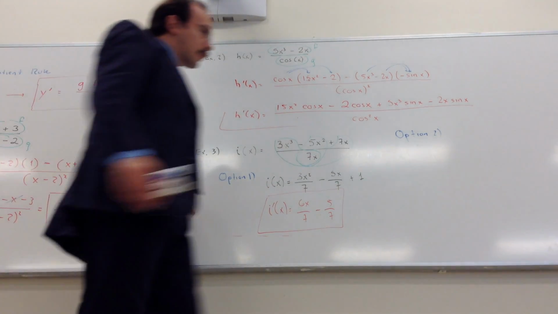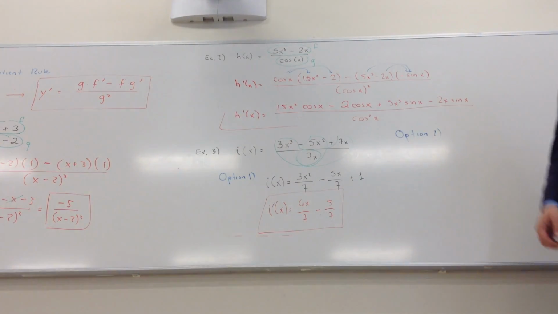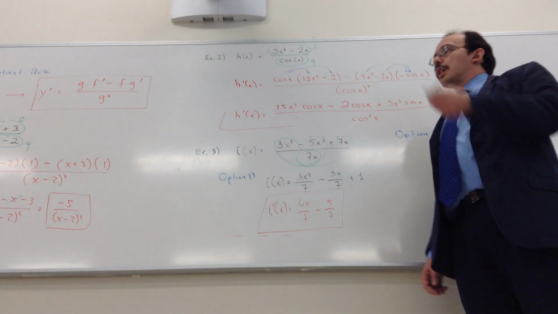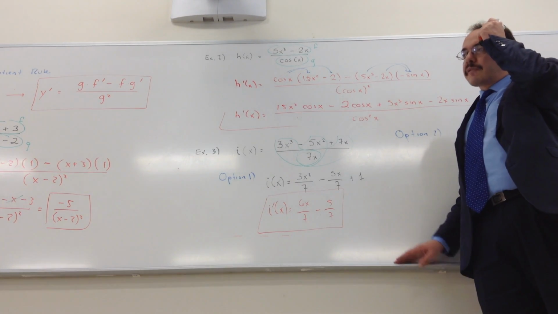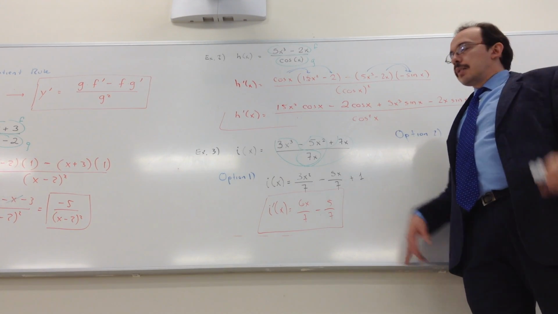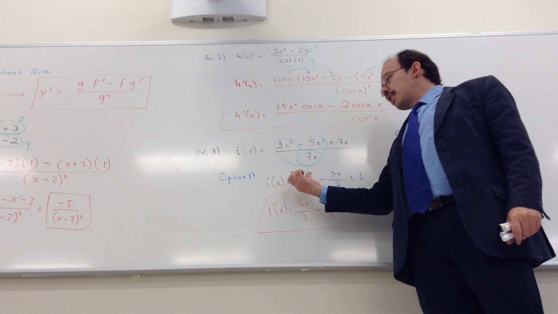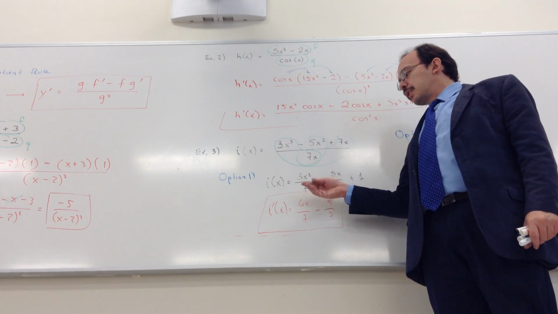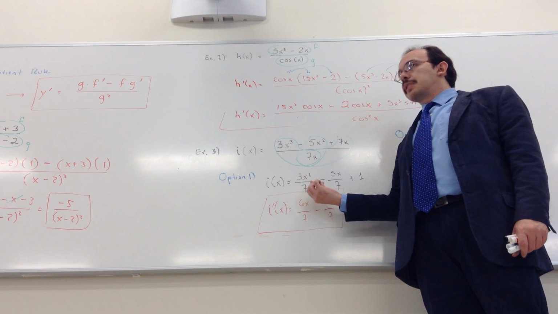Okay then. Yeah. What happened in option 1? I didn't understand. So what happened to the one and the next? Okay, yeah. It's one of the rules that you didn't see, so you weren't here. But what I did was, I just simplified. That's the first part. Second part, I need to find the derivative.